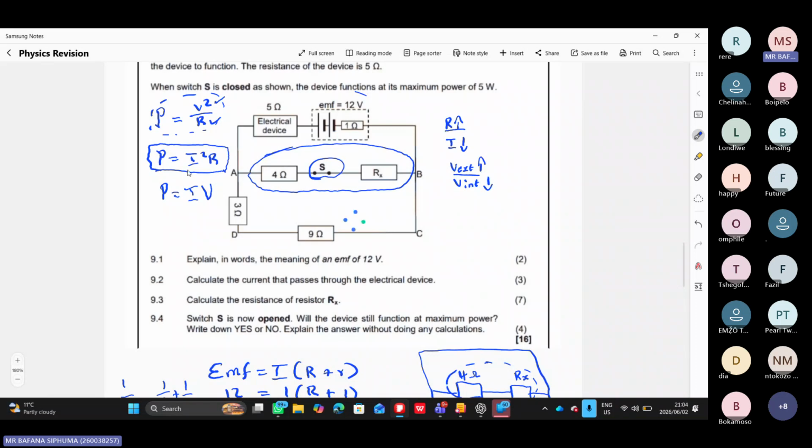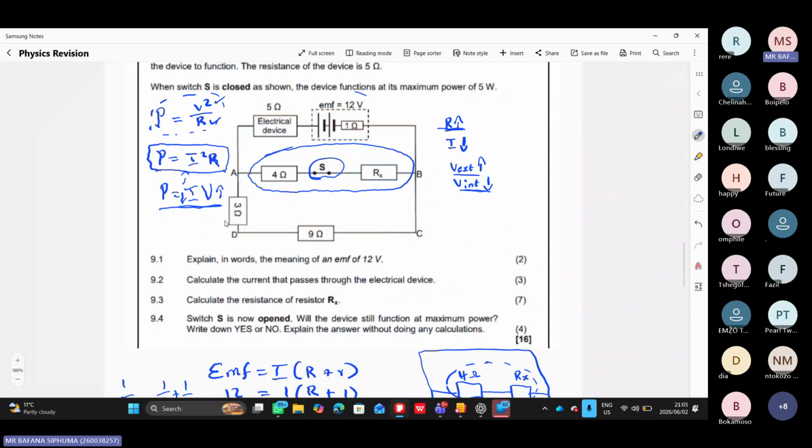For the second formula, your current is decreasing and your resistance is increasing. So they're opposing each other. Then for the last formula, your current is decreasing and your voltage, V external, is increasing.